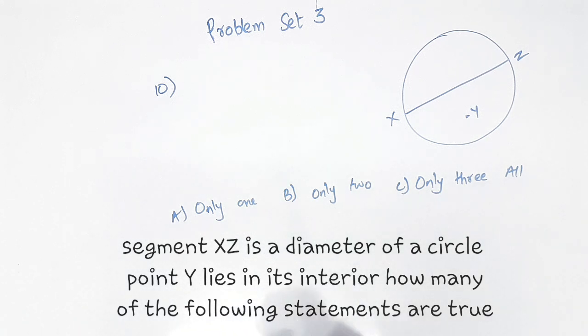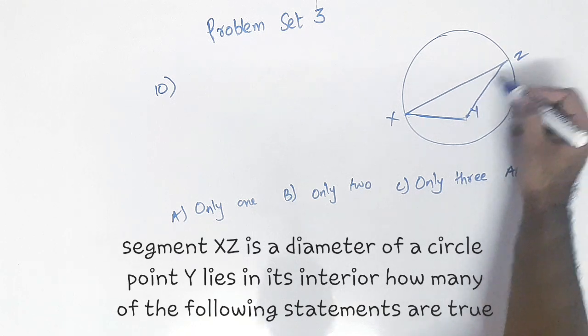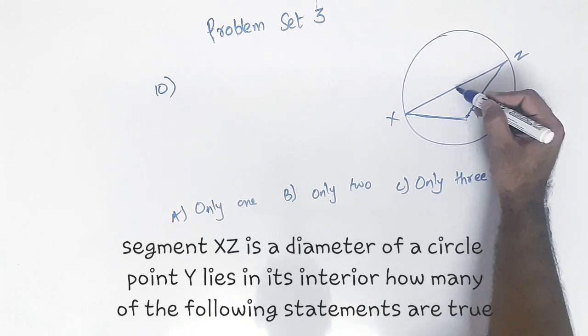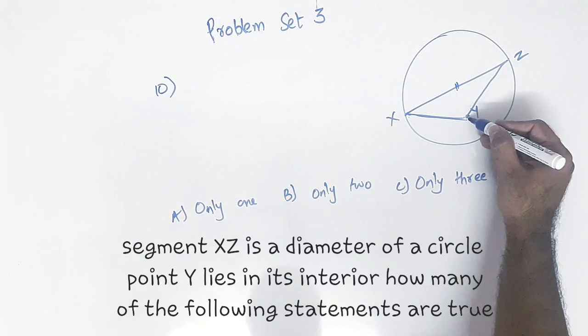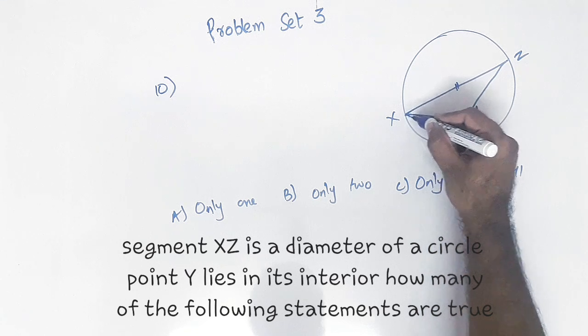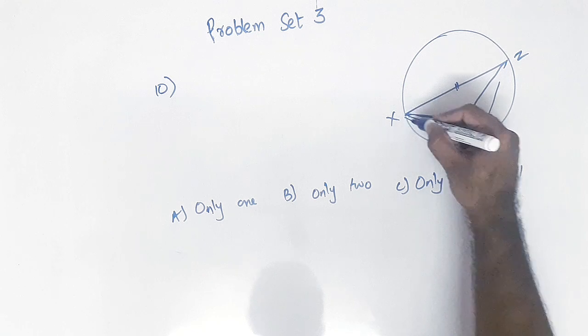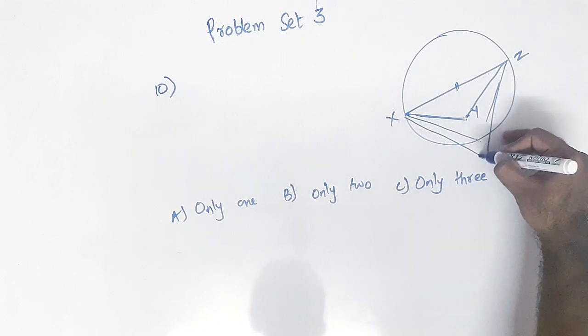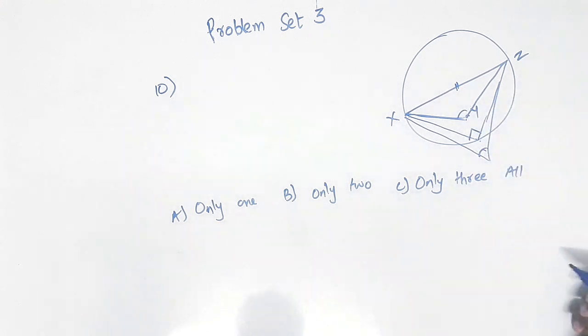I think it is correct, because it cannot be acute, it has to be obtuse. When an angle has one of its sides as the diameter and the point is in the interior, it is obtuse. When the point is on the circle, it is a right angle, and when the point is outside the circle, it becomes acute. So you have to remember that acute, right, and obtuse depend on where this point lies. So the first statement is correct.